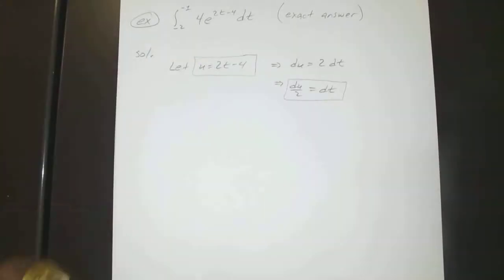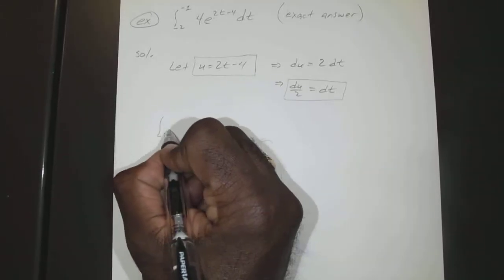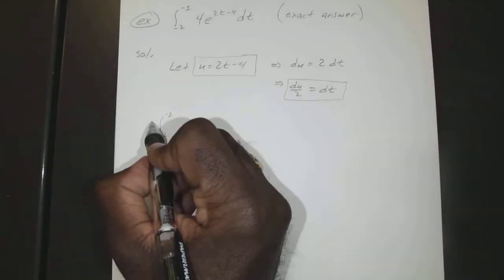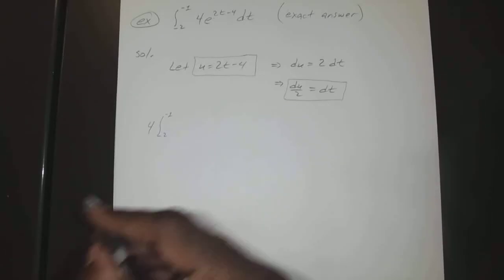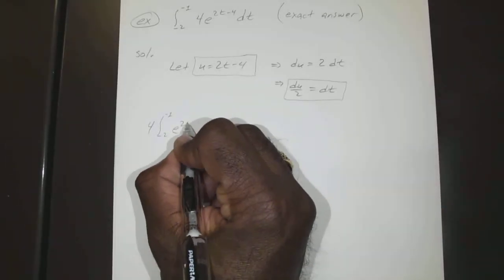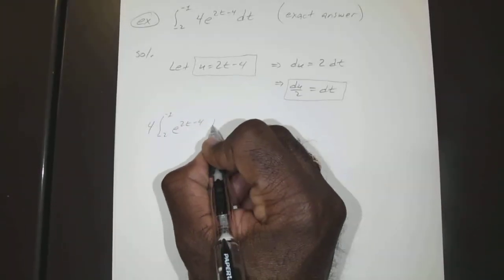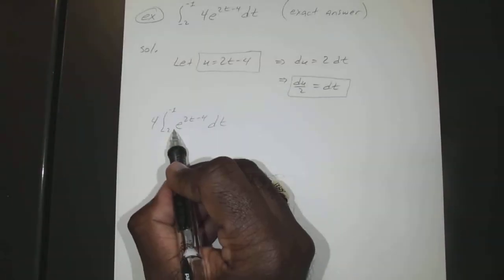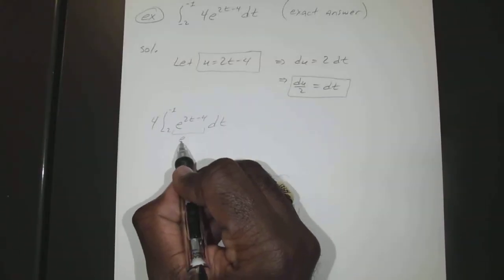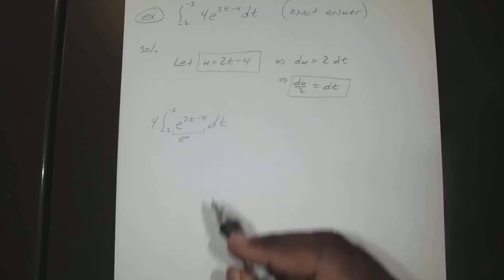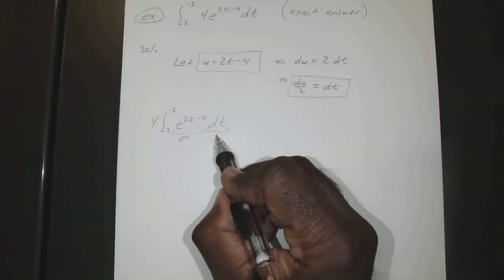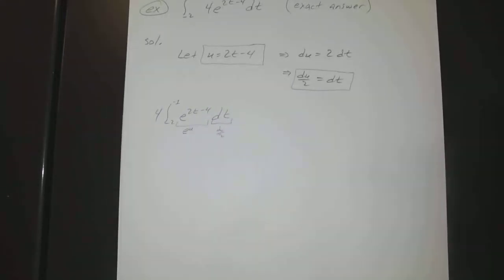Okay, so if we go ahead and rewrite it, we go from -2 to -1, bring our 4 out to the front. E to the 2t minus 4 dt gives us our e to the u. And this is our du over 2.